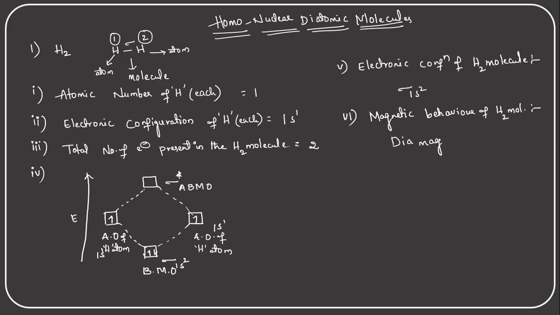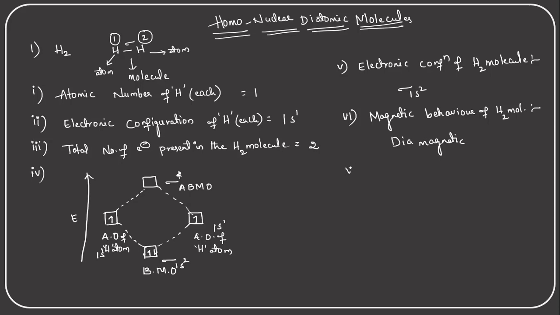Because this H2 molecule has two paired electrons, right? Paired electrons have spins opposite to each other, so there is no unpaired electron present. Since there is no unpaired electron, the H2 molecule will be a diamagnetic substance.